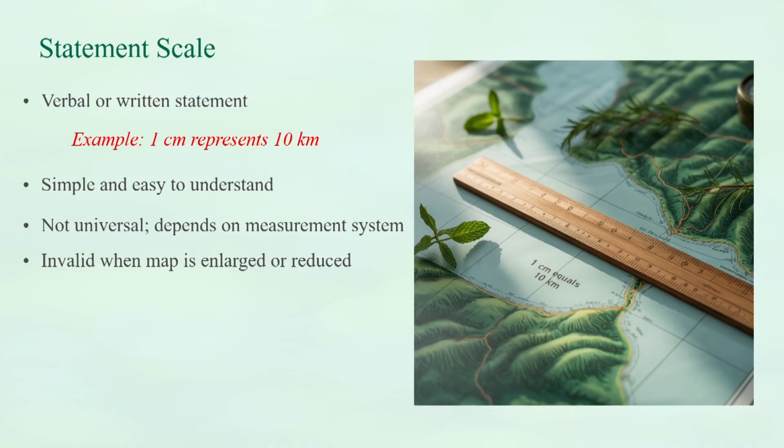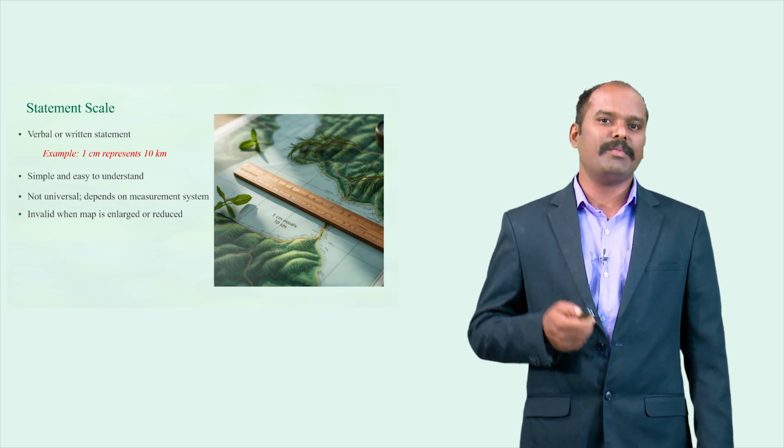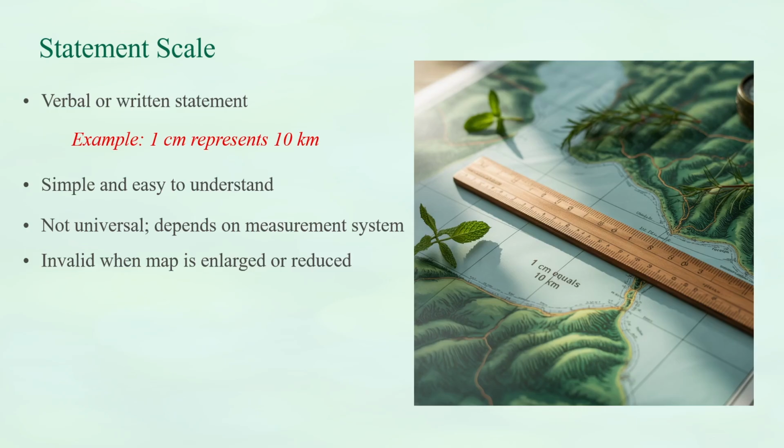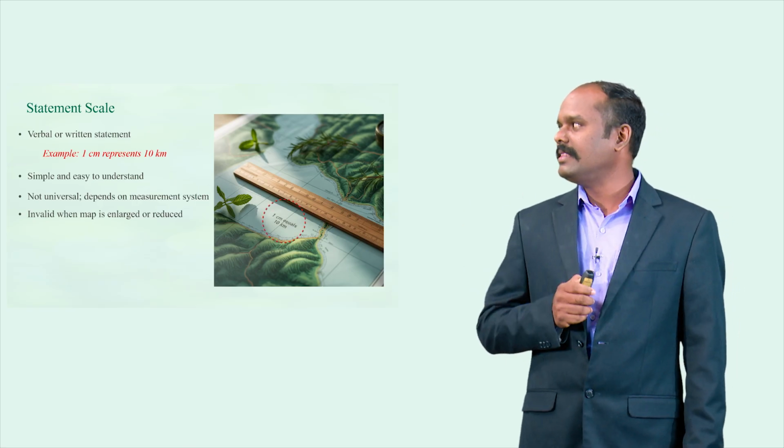Okay. So, next let us discuss some additional information about these three different representative methods of scale. First, I want to give information about the statement type scale. Example, 1 centimeter represents 10 kilometer. It will be written like that on the map.